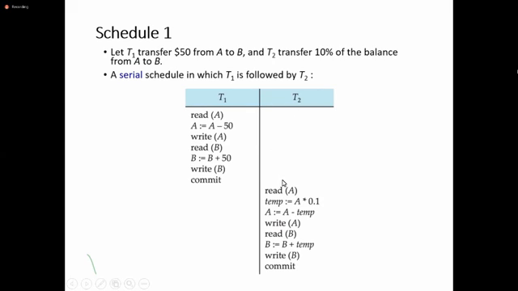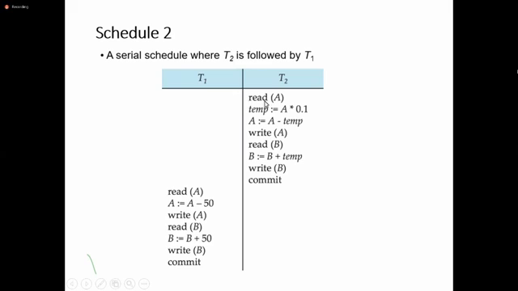If they run at the same time, it's a conflict. T2 reads A, calculates 10% of the amount, deducts that amount from A, adds that amount to B, and writes. Then it reads the balance of B, adds some amount, writes B, and commits. This second transaction completes successfully.